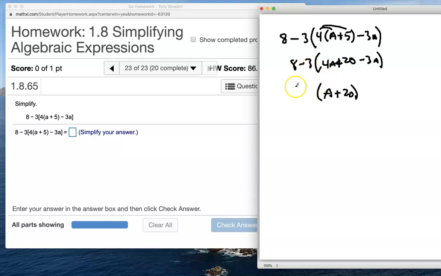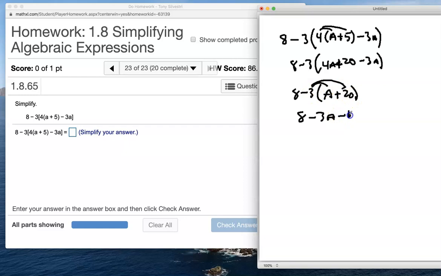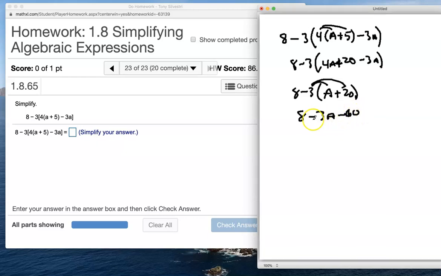Okay, let's copy the rest of this stuff down. Now we can multiply through by not 3 but minus 3. 8 is what it is. Minus 3a. Minus 3 times 20 is minus 60. The only thing that combines are the 8 and the minus 60.